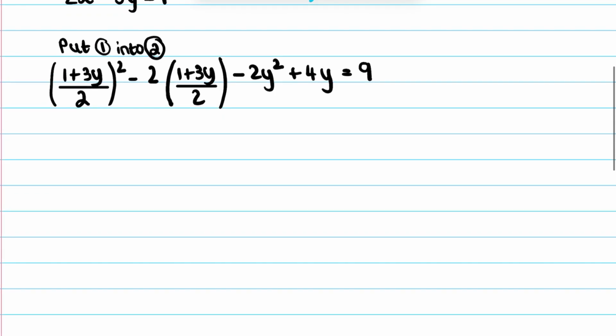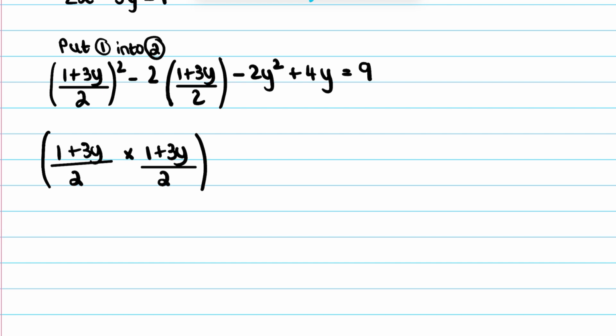Excellent. So next what I am going to do is I'm going to expand these brackets over here that are squared, and I'm going to say (1 plus 3y) over 2 times (1 plus 3y) over 2. Close my bracket up. Then I'm going to multiply my 2 into the bracket here.